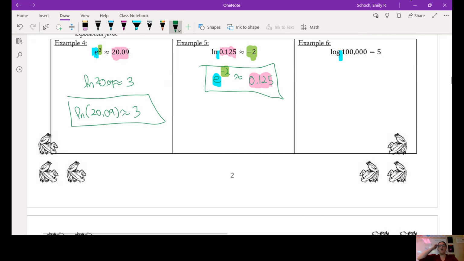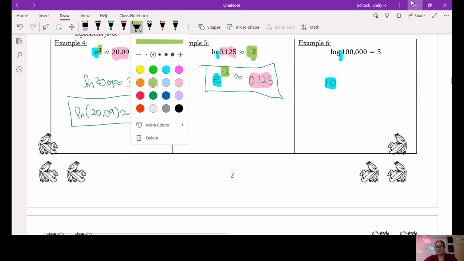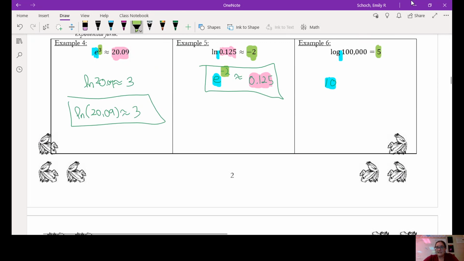So anytime it's just log, remember the invisible base is 10. You just have to remember that because you're going to use it a lot. So 10, and then you're looking for the exponent. Base to the exponent. The logarithm always equals the exponent. So the exponent here is 5.